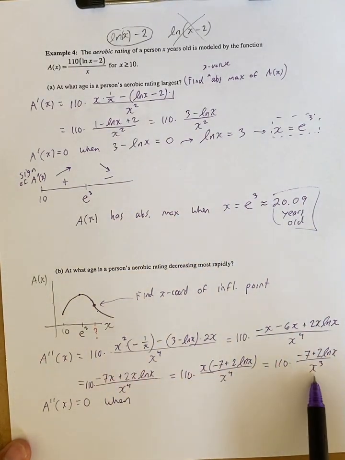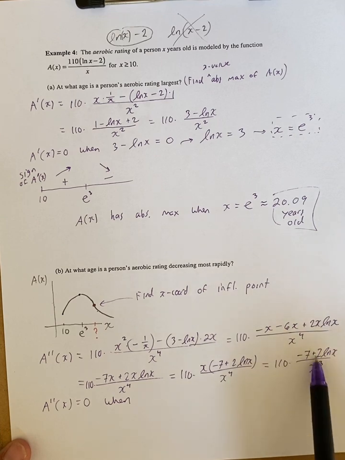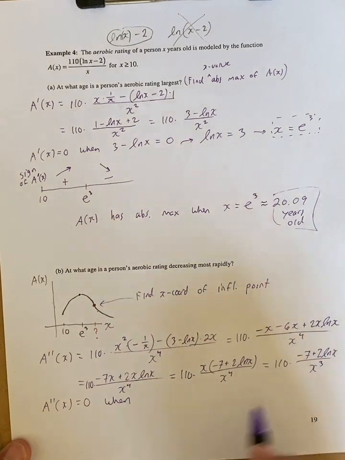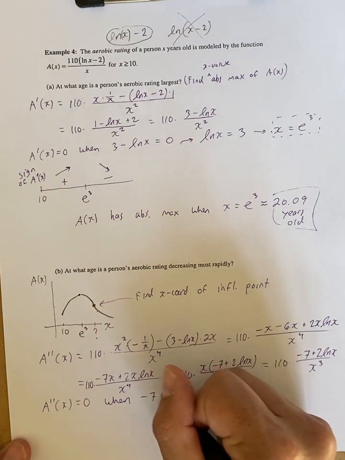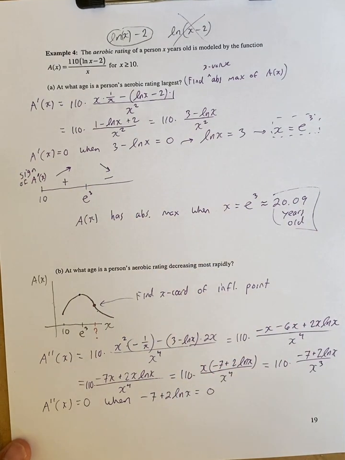I want to know what value of x is going to make this equal to 0. Well, again, the factor of 110 isn't going to affect whether it's 0 or not. And then it's 110 times a fraction. And again, a fraction equals 0 when its numerator is equal to 0. So the second derivative will equal 0 when negative 7 plus 2 ln x equals 0. And then we solve this.